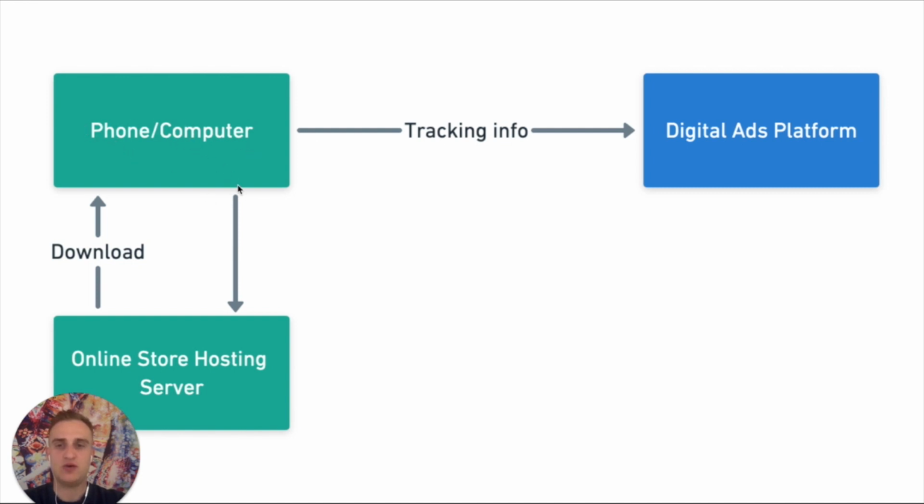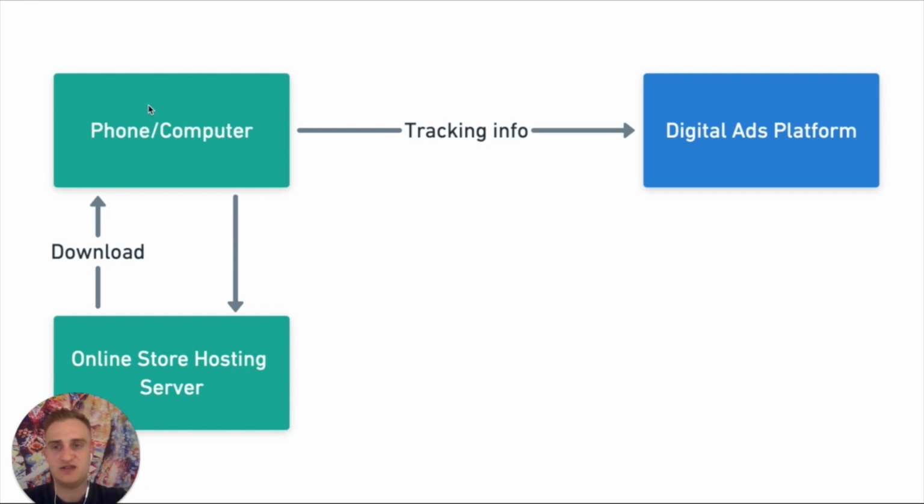By navigating to the online store, he is accessing your online store hosting server, which is like a Shopify server or whatever hosting or e-commerce provider you're using, and downloads the page of your website. By downloading the page, I mean all the text, all the videos, all the images and everything.